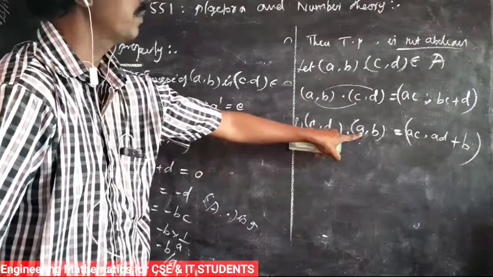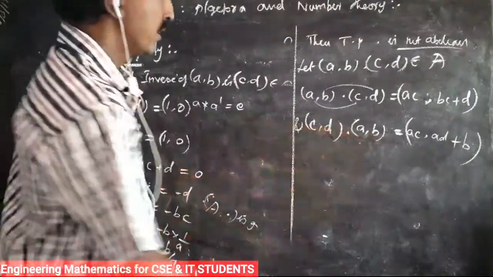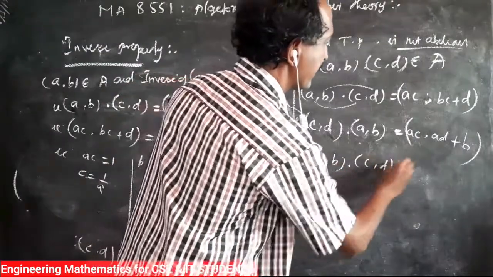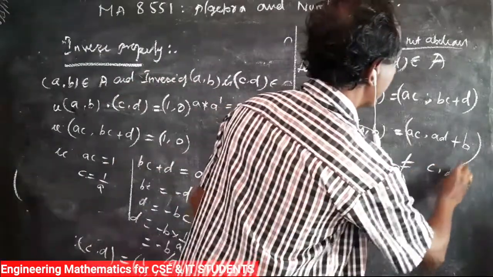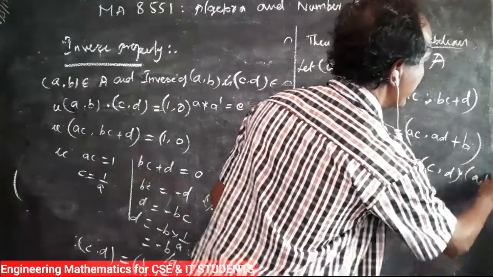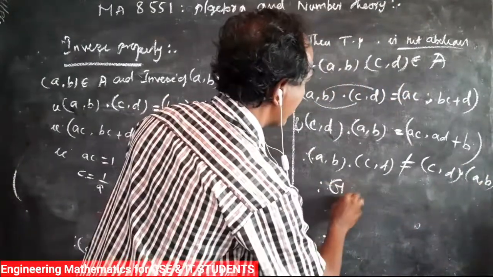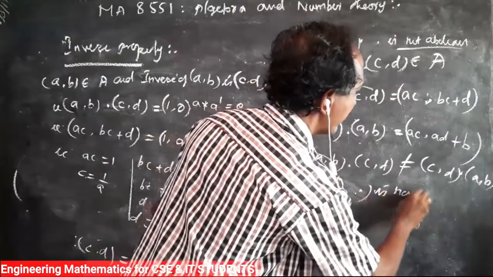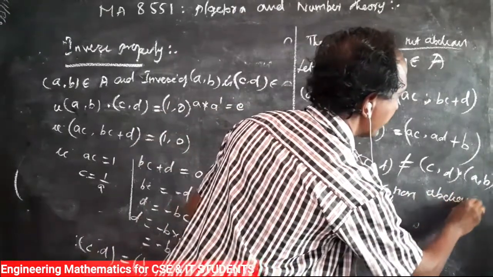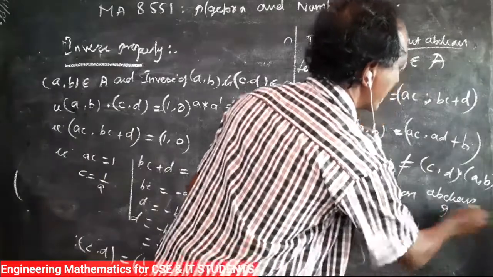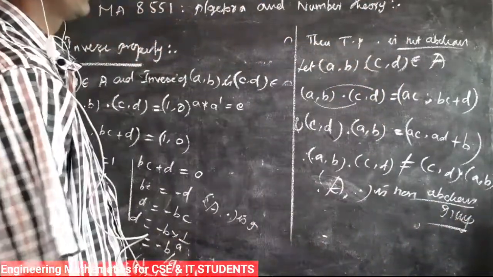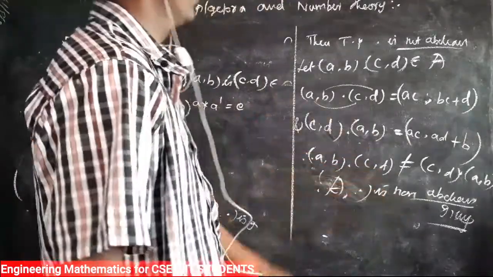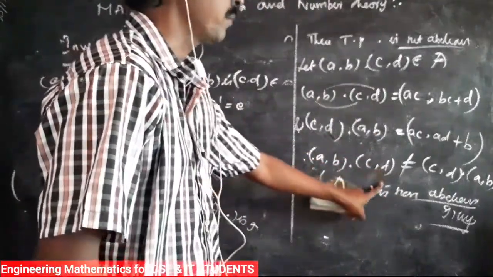So AC comma AD plus B. Therefore A comma B dot C comma D is not equal to C comma D dot A comma B. Therefore A comma dot is a non-abelian group. So A is a group, but it is not abelian. So we write A comma dot is a non-abelian group.